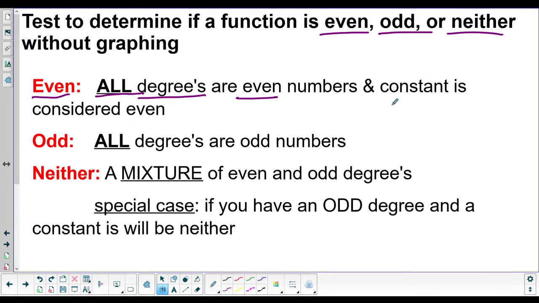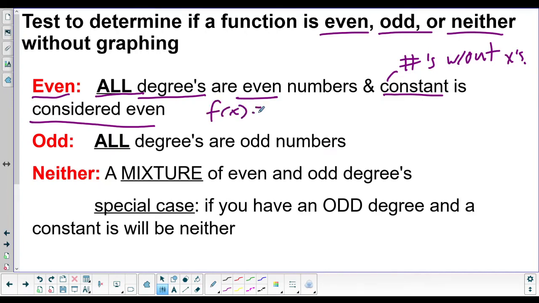Let's talk about the weird thing here. Constants, meaning numbers by themselves, numbers without x's, are considered even. So if you see f of x equals x squared plus 5, ignore the fact that the number 5 is an odd number.